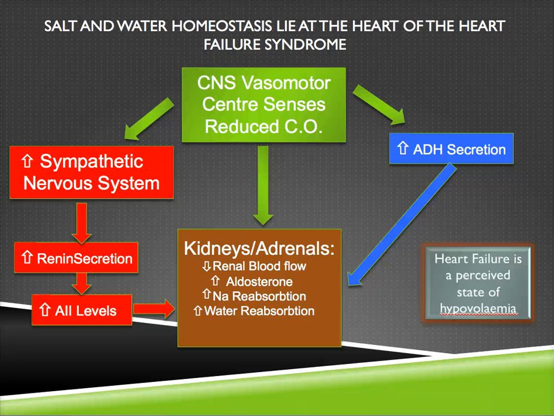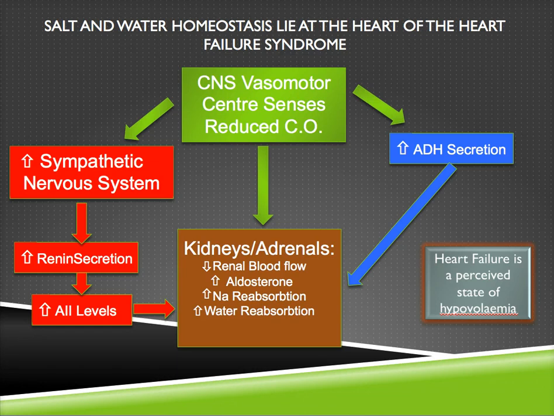Renin then drives the secretion of angiotensin I from the liver, which is converted in the lungs to angiotensin II. Angiotensin II is a powerful vasoconstrictor. The result of this vasoconstriction is reduced renal blood flow and the secondary renal and adrenal effects, which are summarised here.